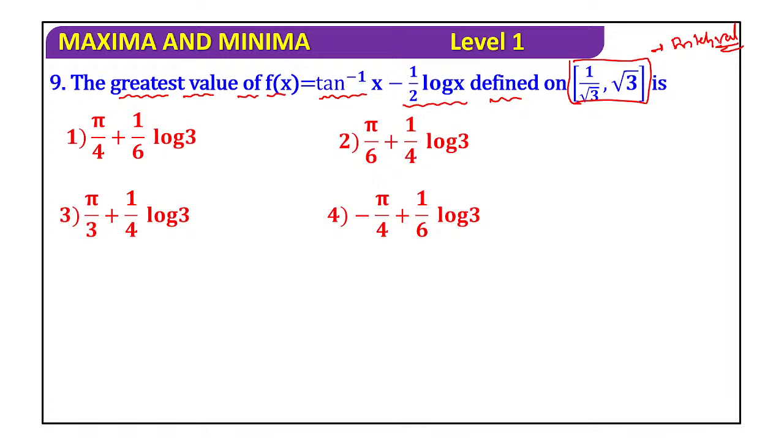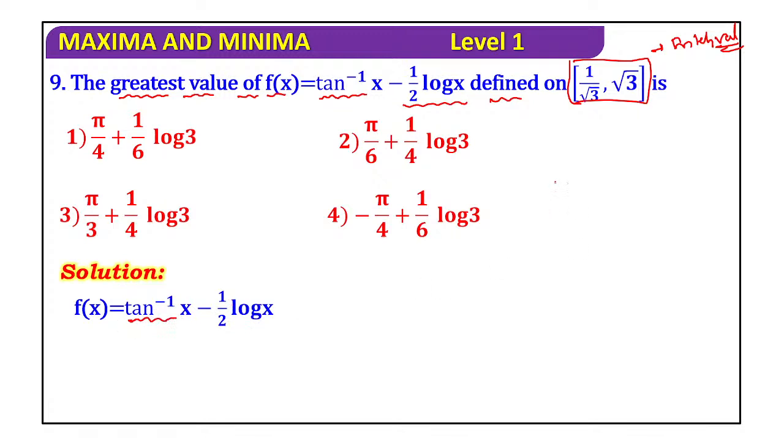So to identify local maximum and local minimum, you follow the steps which I have already given for you. First thing, write f of x. What is f of x here? Tan inverse x minus 1 by 2 log x.